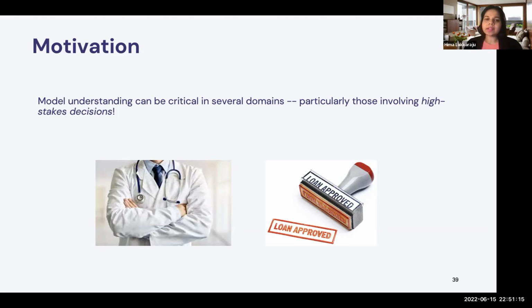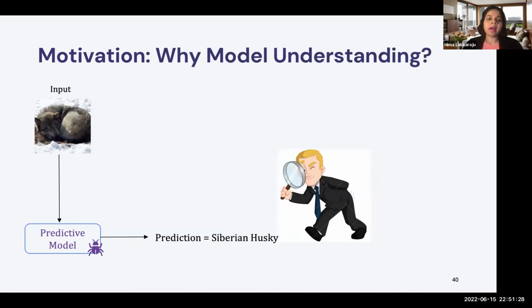To understand how model interpretations and model explanations can be beneficial in these settings and more, let's take some use cases or examples to illustrate their utility. Okay. Now, for example, let's say that we are looking at a predictive model, which is potentially buggy, but this model basically takes as input images of animals and then produces predictions about what animal is in the picture.